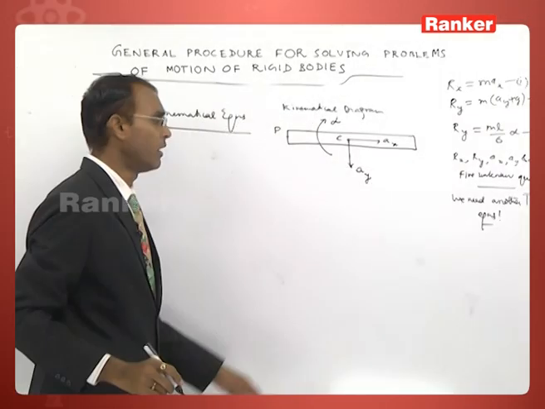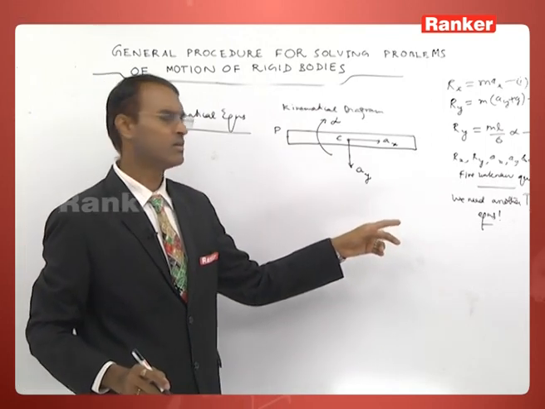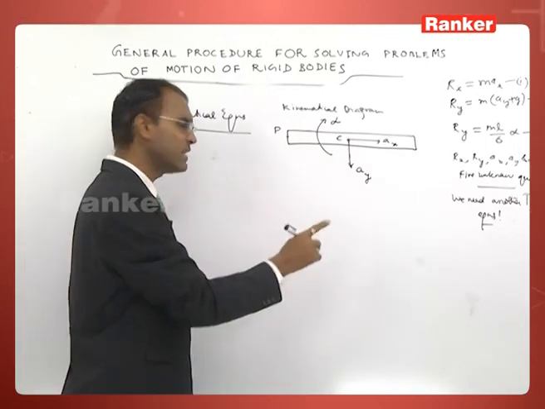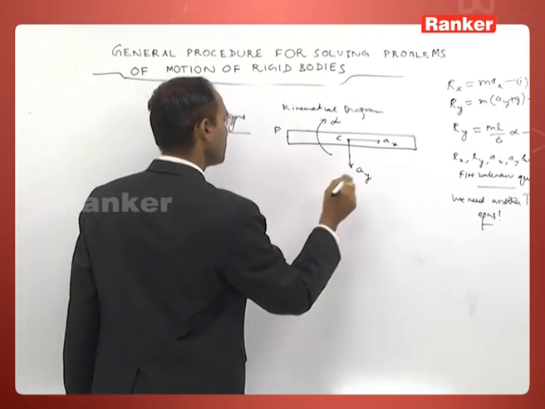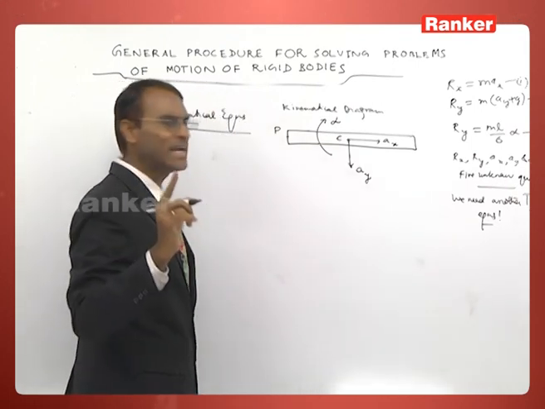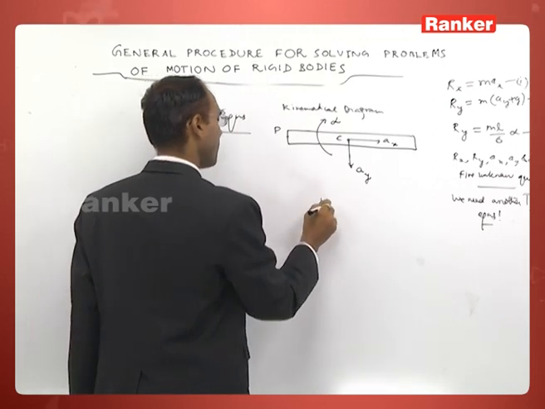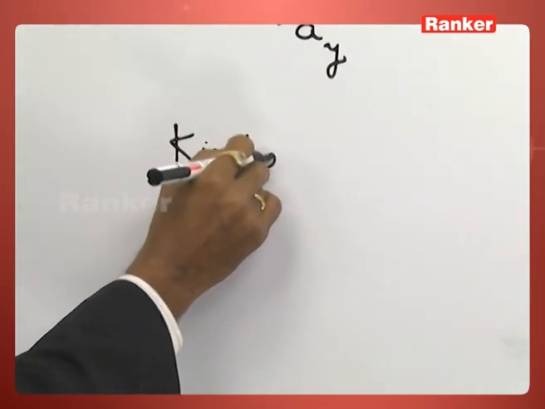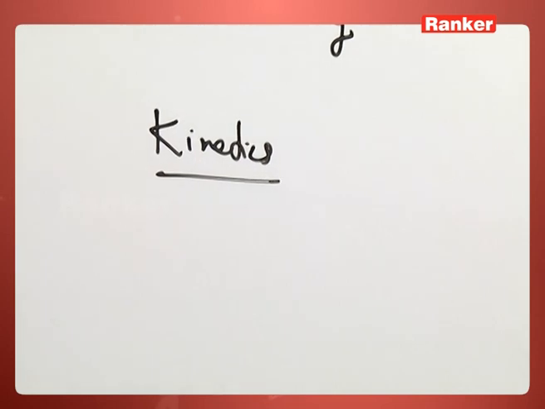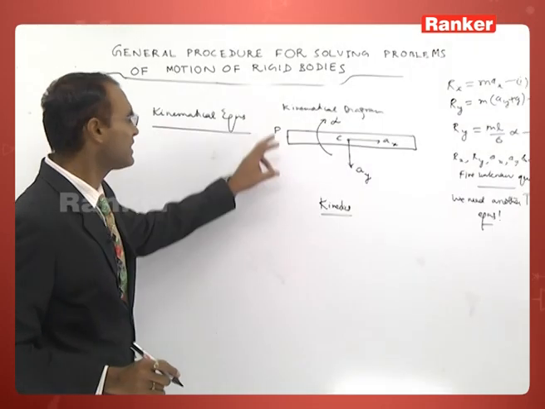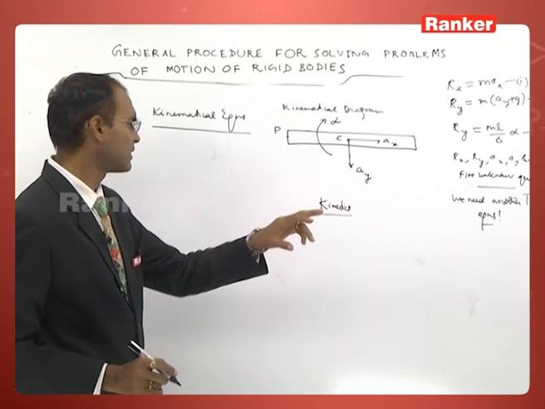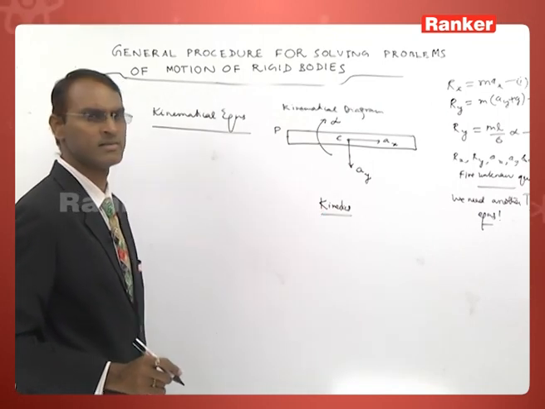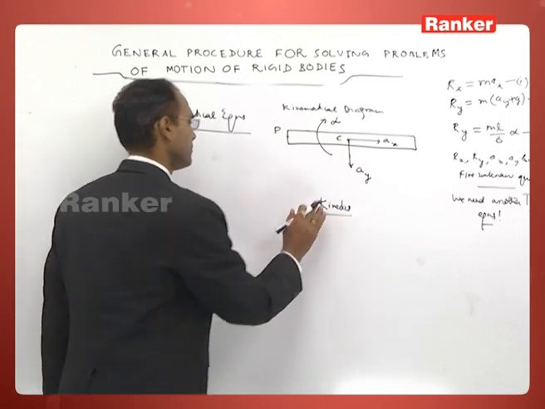And the free body diagram, what we have mentioned earlier, can be called a kinetics diagram. Kinetics. And this diagram is the kinematical diagram. That is the diagram of kinetics or dynamics diagram.